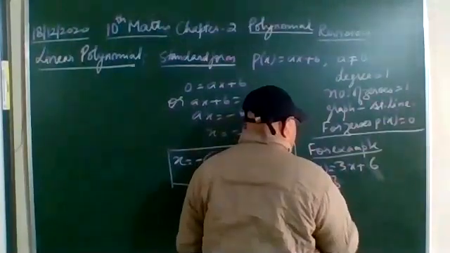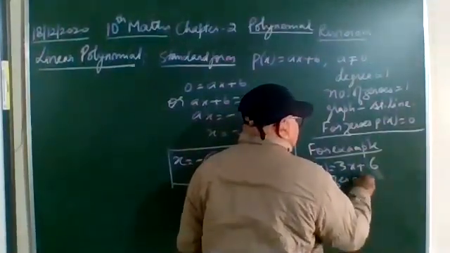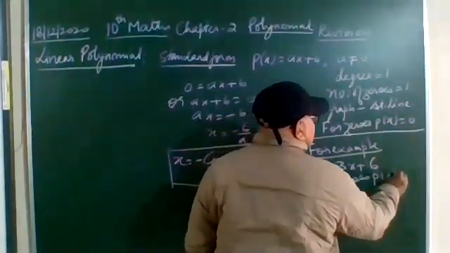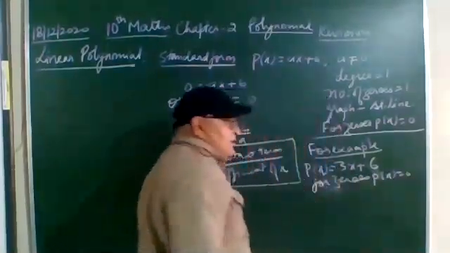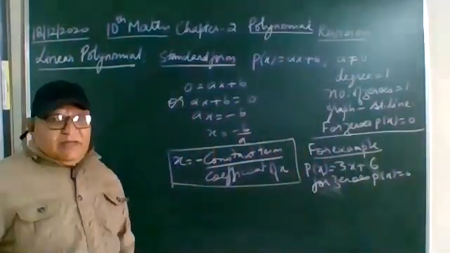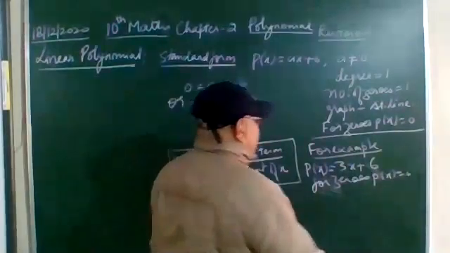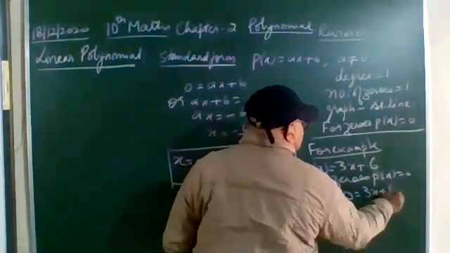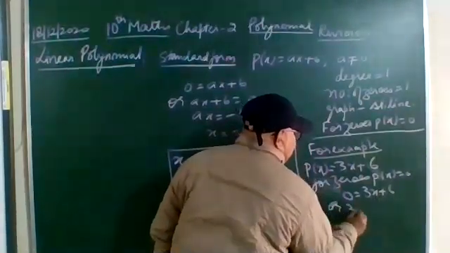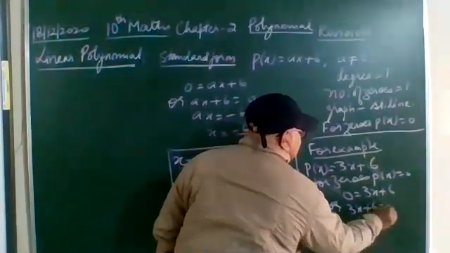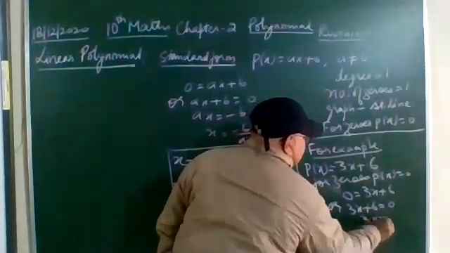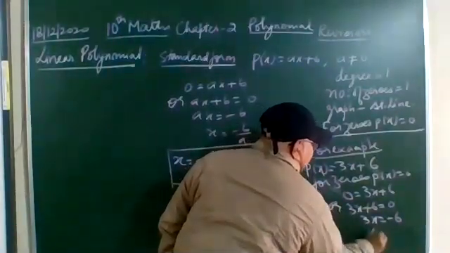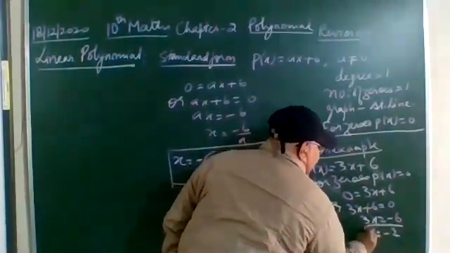For zeros, what will you write? P(x) = 0. So 0 = 3x + 6, or 3x + 6 = 0. So 3x = -6, x = -2.